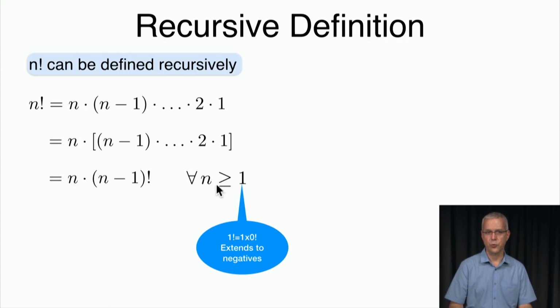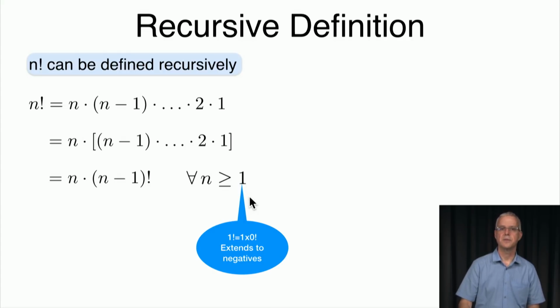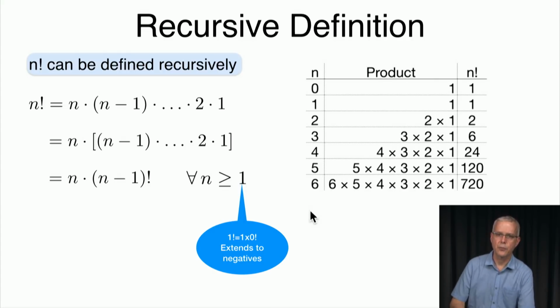it also holds for 1, namely 1 factorial is going to be 1 times 0 factorial, and that's because 0 factorial was defined to be 1, and you can actually even extend it beyond 1 to negative values, right? So we can see this recursion here.